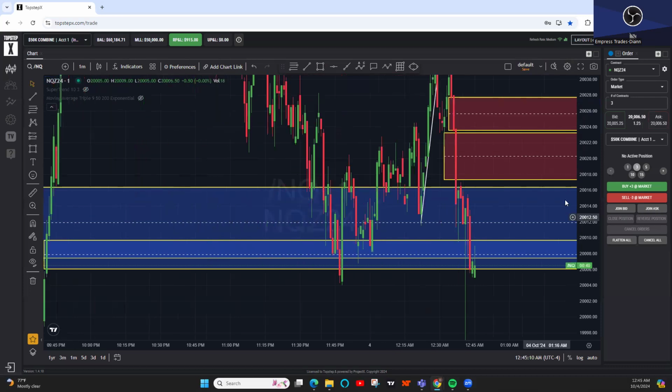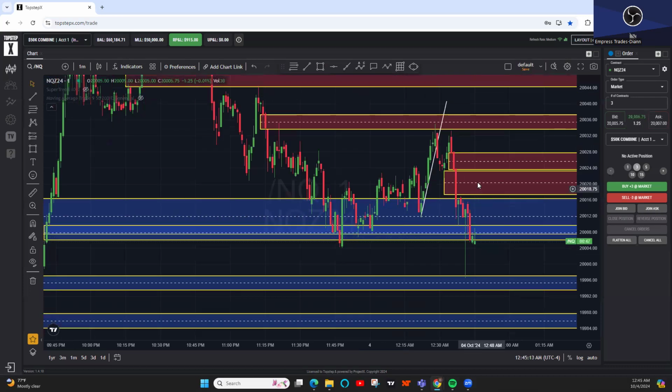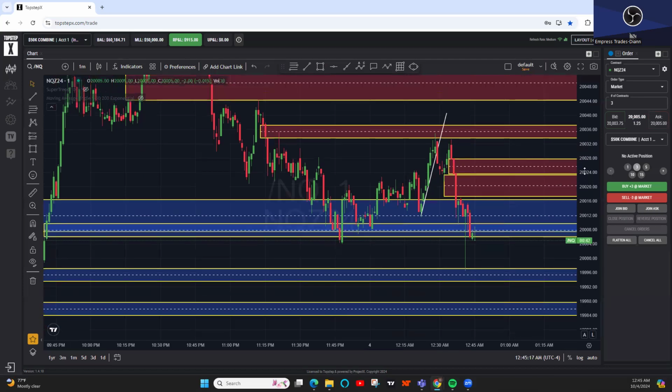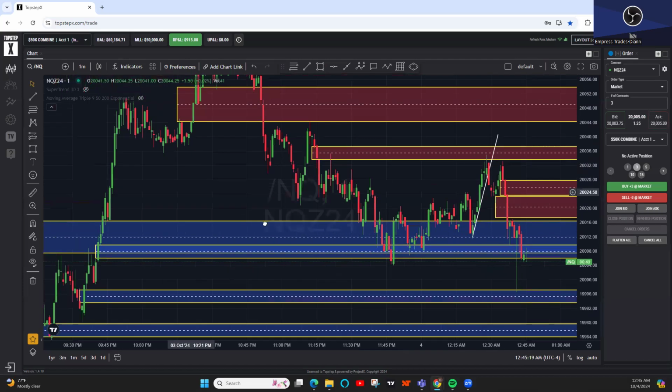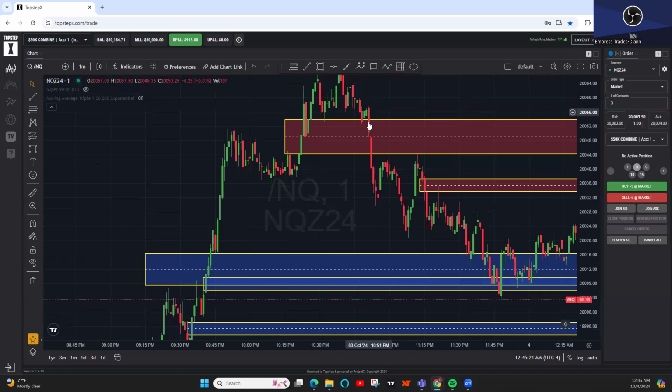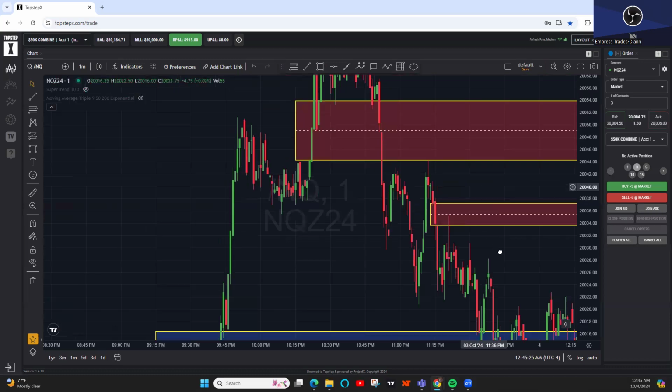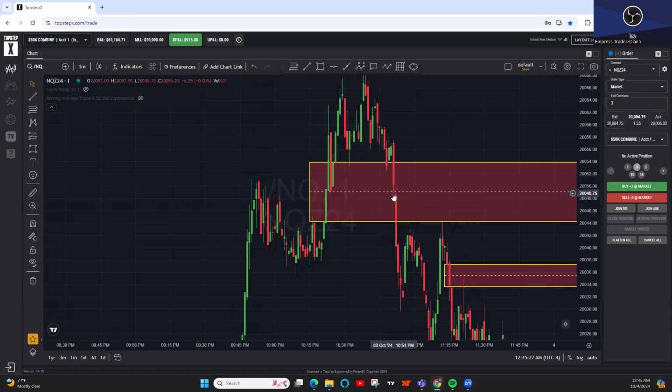So to recap, fair value gaps is a 3-candle formation. Once we have a 3-candle formation, we draw our fair value gaps connecting the wick or the closing of the first candle to the wick. Oh gosh, I'm sorry.